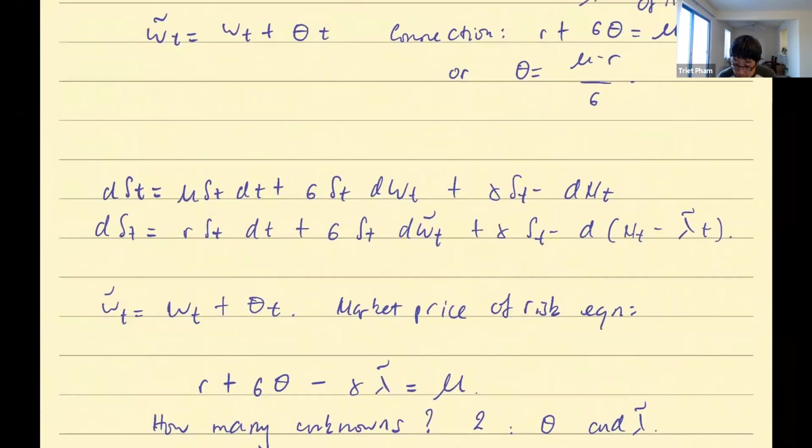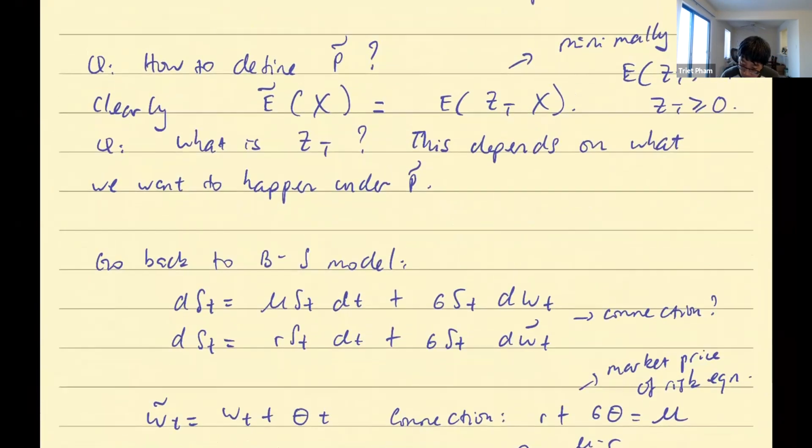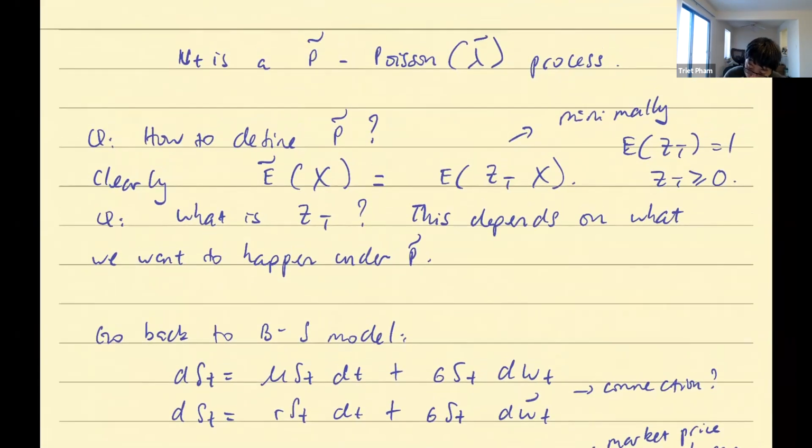But now let's go back to right here. I was posing the question of what is the change of measure kernel. And I say it depends on what we want to happen under P tilde. What I want to happen under P tilde is that, of course, W plus theta T, which is the W tilde, is a P tilde Brownian motion.